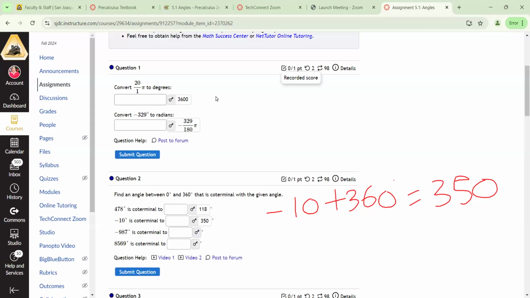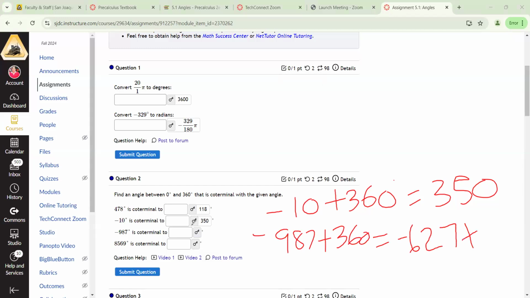Then over here at 987, you take negative 987, you add 360. When you do that, you're going to have negative 627. And then you add another 360.